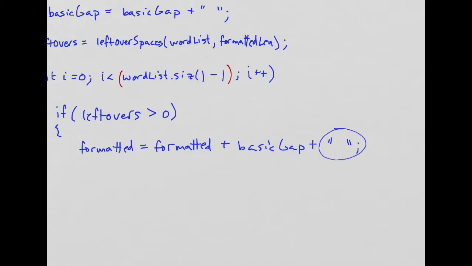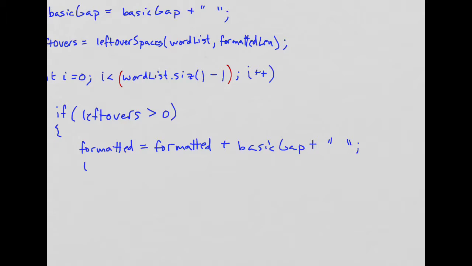So that's the leftover space. But after I add this, I want to decrement my leftovers, because now I have one less leftover space. So when I go to the next iteration of the loop, I have one less leftover space, and eventually I'll get no leftover spaces, and then I'll just be adding, well, I'll write the rest of the else for that part.